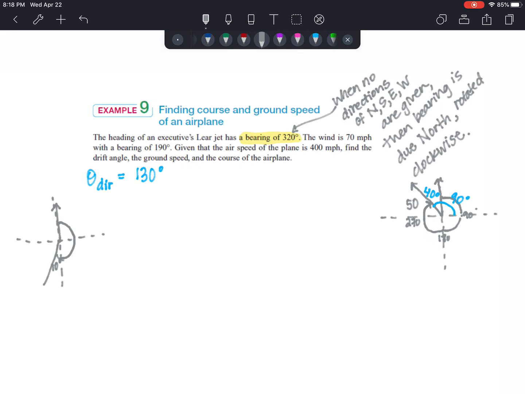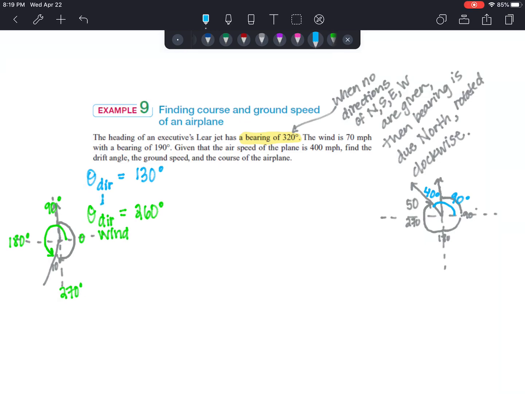Looking at our angle in standard position for our calculator, here's 0, 90, 180, and 270, and we're just shy of 270 by 10 degrees. So our directional angle for the wind is 260 degrees.